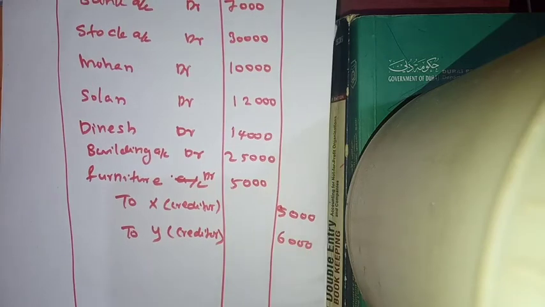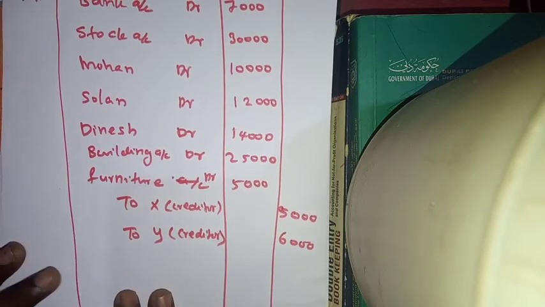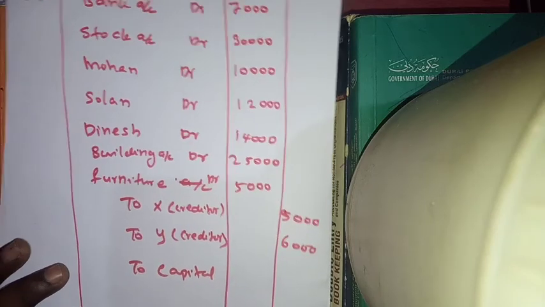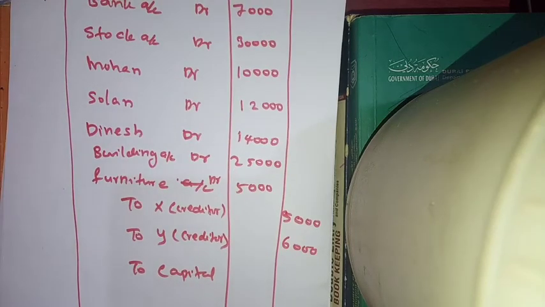Beta, as per the rule, capital equals asset minus liability, so that difference value is capital. Capital is big total minus small total, so you have to add and take big total minus small total. The answer will come 1 lakh.